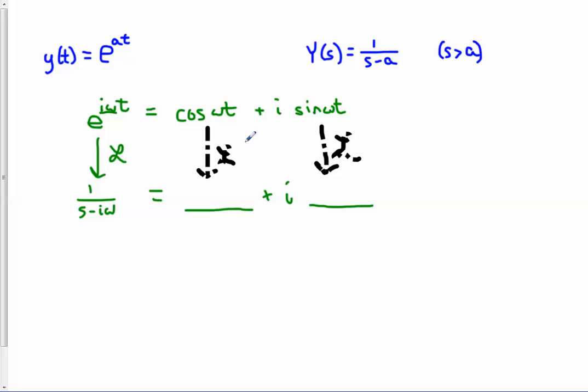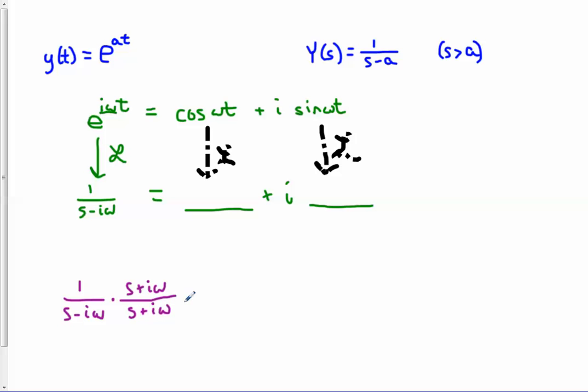Now I'll just do that in this lower space down here. 1 over s minus I omega. So as you remember from whenever the first time you encountered complex number division, the way to do this division is to multiply by the complex conjugate of the denominator in both the top and the bottom.